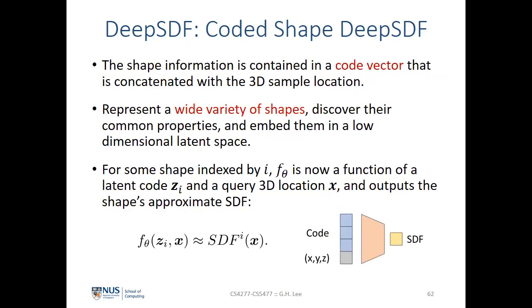Therefore, they also propose a second variant where, instead of just inputting XYZ, they have a latent code, which can help to capture the shape information. So it transfers the encoding of the shape information from the network to the code.